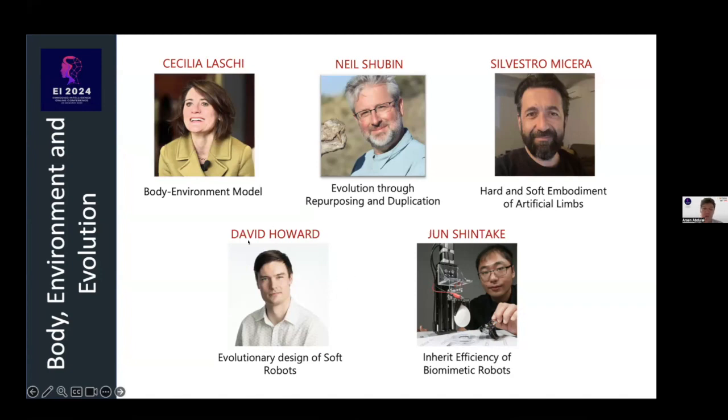The evolution approach in robotics was discussed by David Howard. He was showing the way of designing new robots and then benchmarking those robots against rigid, field-engineered robots. Jun Shintake showed that biomimetic robots can be really efficient and can show the performance of real animals.